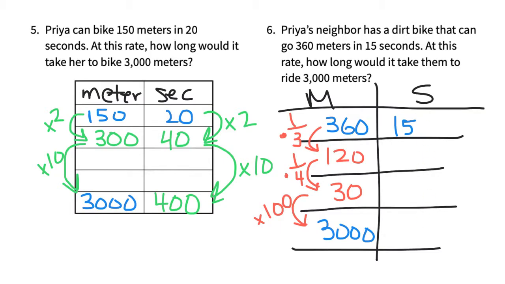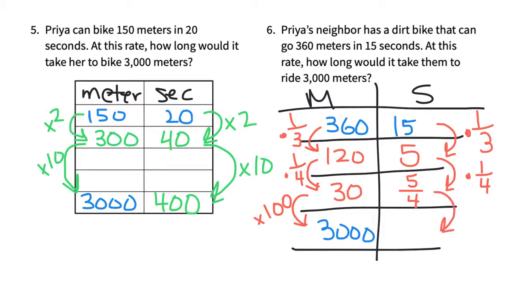We're going to begin by dividing by 3, which is the same thing as multiplying by a third. That gives us 5 seconds. Then we're going to divide by 4, which is the same thing as multiplying by a fourth, which gives us 5/4 of a second. And then we can multiply by 100.